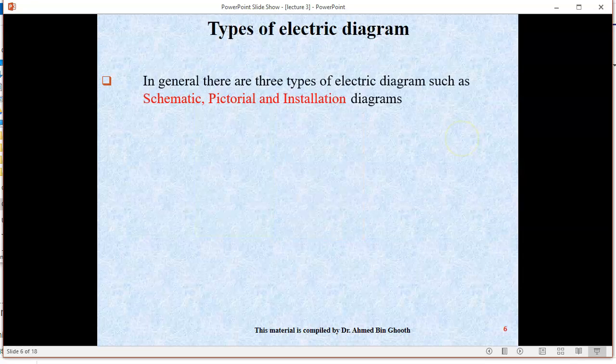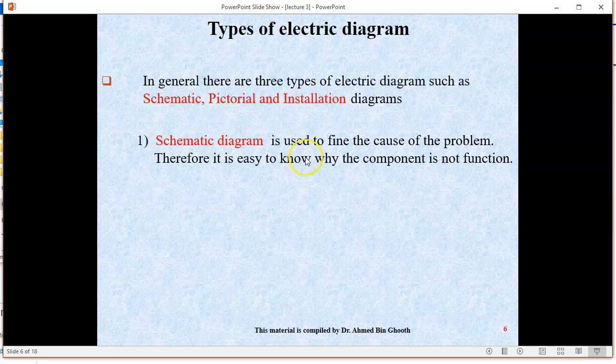Types of schematic diagrams: there are basically three types of electric diagrams, such as schematic, pictorial, and installation diagrams. The schematic diagram is used to find the cause of the problem, therefore it is easy to know why a component is not functioning.